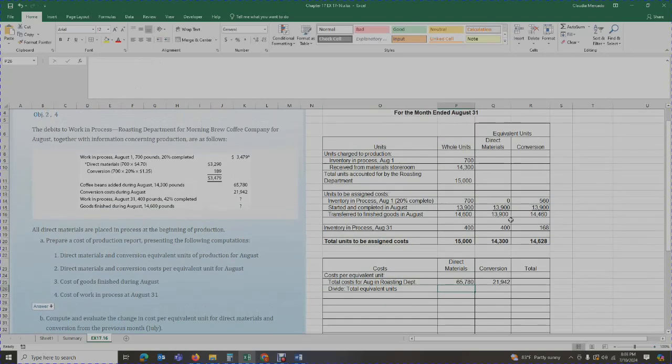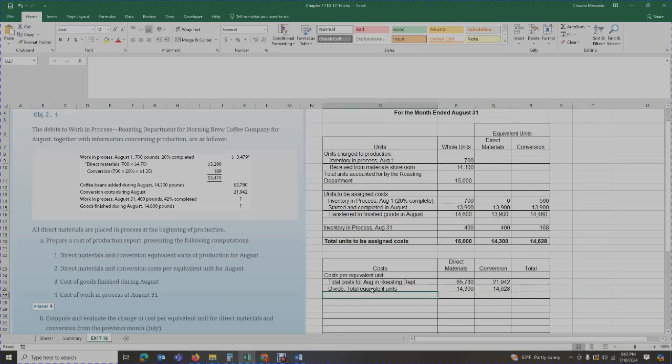So we're going to have our equivalent units, and we have for materials 14,300, and for conversion we've got 14,628. So we're getting these numbers from up here. Okay, so if your calculations on top are incorrect, then everything else will be wrong. So we need to be very careful. Okay. So we've got our equivalent units.